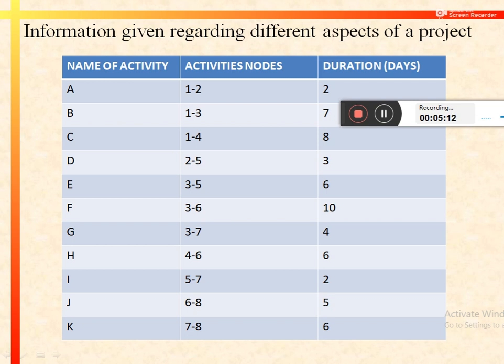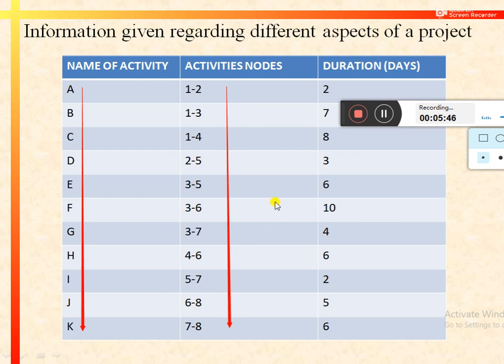Suppose in this table different facets of information are given that are related with different aspects of a project. Suppose the activities involved in a particular project are given in first column, which are named as A, B, C, D, E, F, G, H, I, J and up to K. In a similar way, the activities' nodes are also given in second column, and in third column the time duration to complete a particular activity is given.